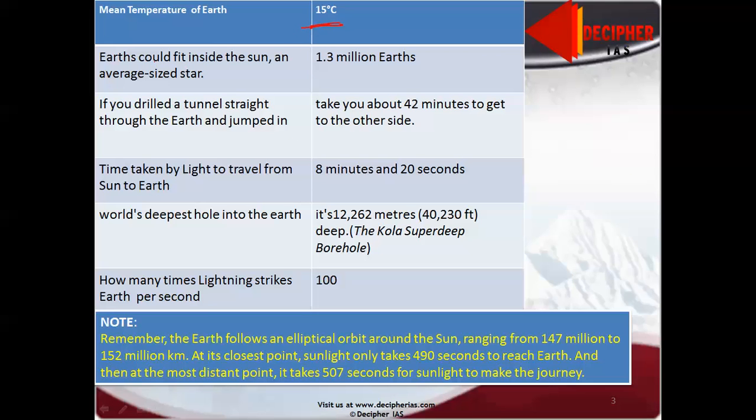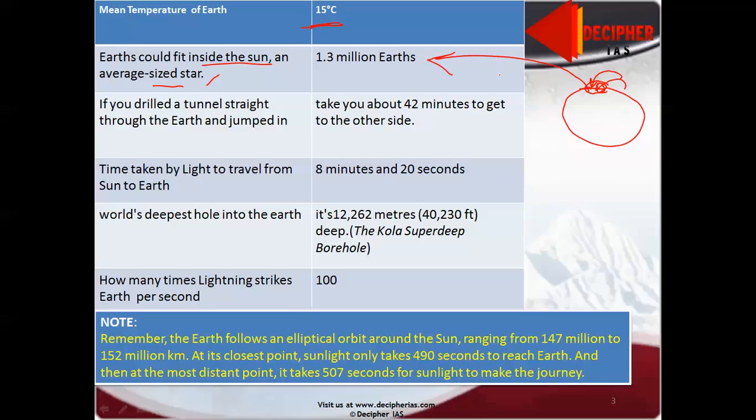Now how many Earths can fit inside the Sun? The Sun is an average sized star, and how many Earths can we fit in? Suppose we consider the Sun as a pot, and we make an opening here. In this opening we start filling the Earths, so we can fill 1.3 million Earths.